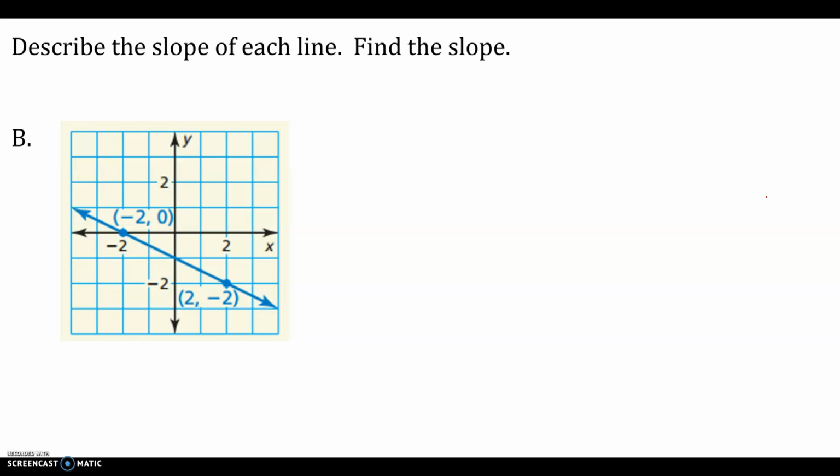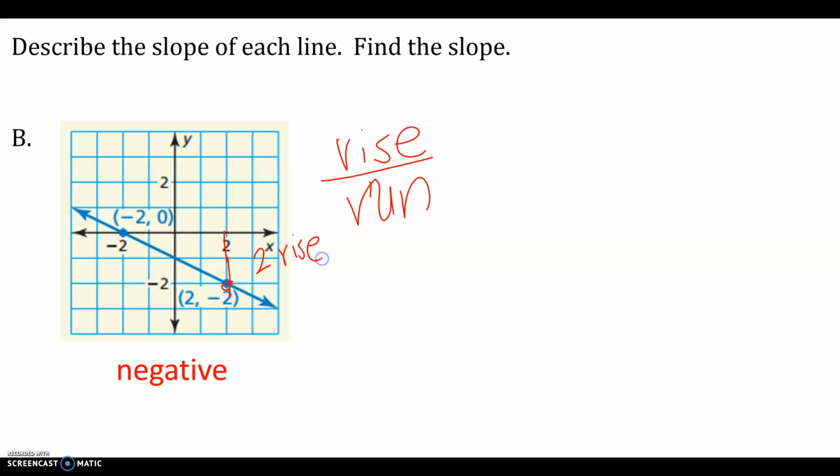Now let's do another one. You need to tell me if it's positive, negative, slope of 0, or undefined. Obviously it's going to be negative since it's going down. Now let's count some blocks. Remember, it's always rise over run. Start here. We go 1, 2, so we rose 2.